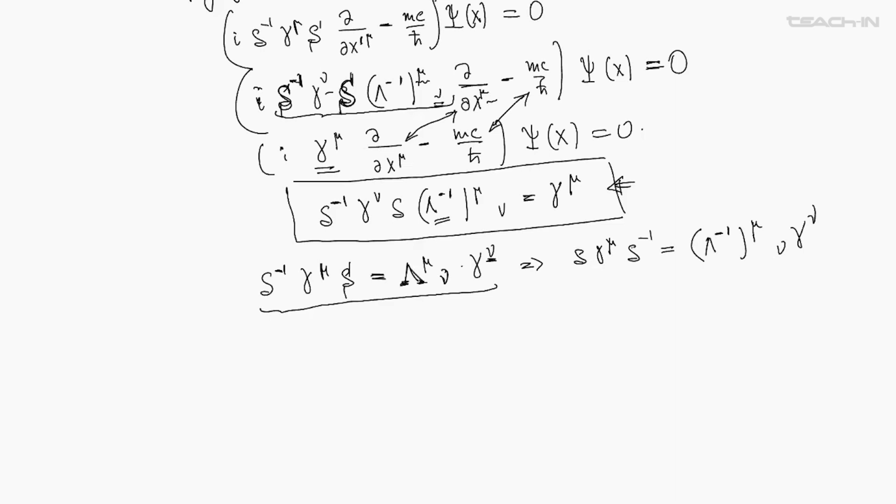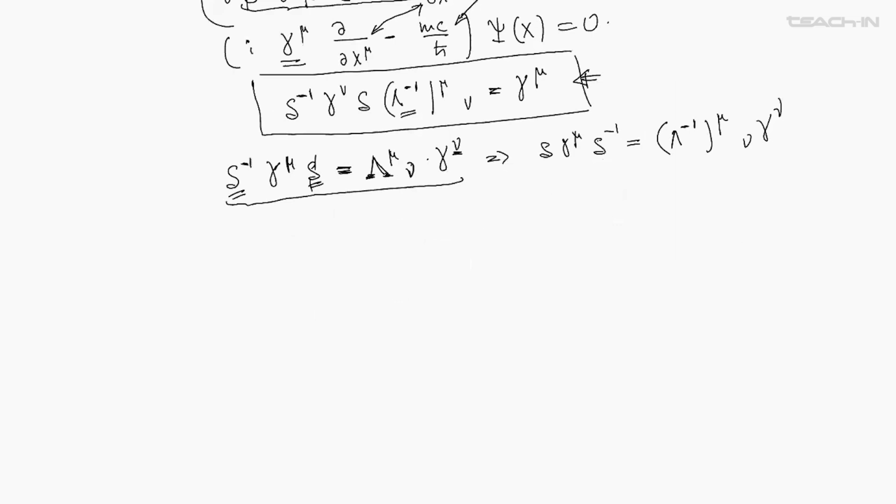But this should be compensated by acting on γ^μ with the matrix S by similarity transformation. And one needs to find the matrix S, which does the Lorentz rotation on the indices of gamma matrices by means of similarity transformation. And so this S we need to find.